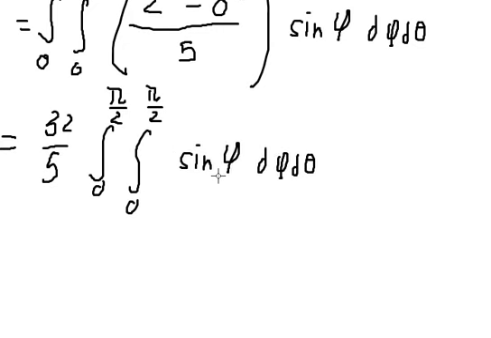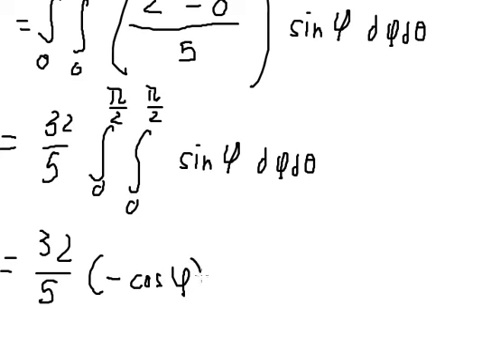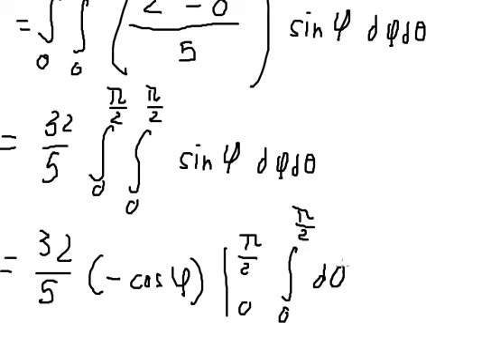The integration of sine phi gives negative cosine phi. And the last one is the integration from 0 to pi over 2, and that is about theta.